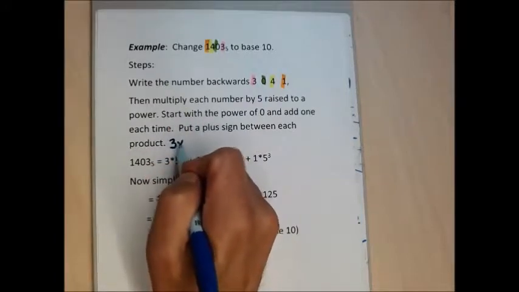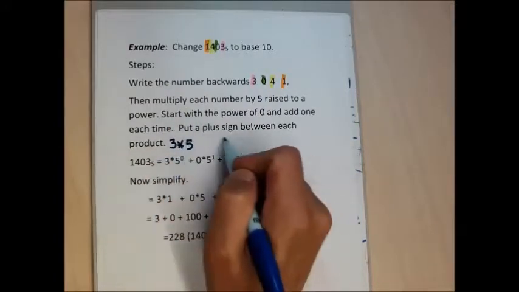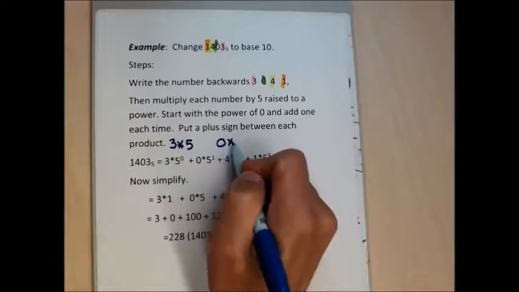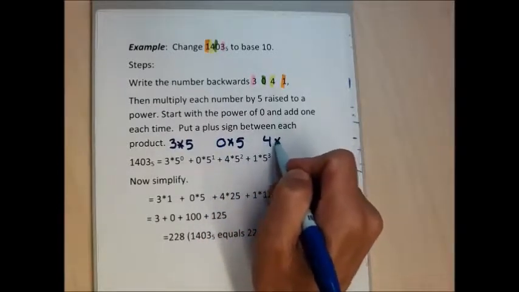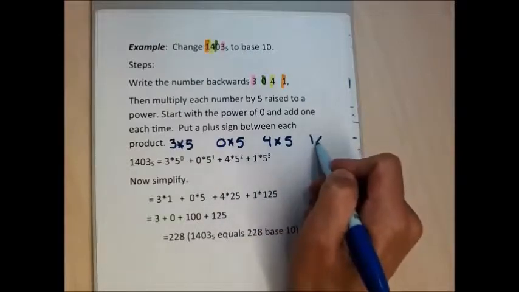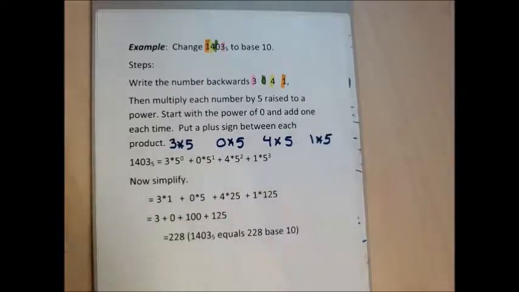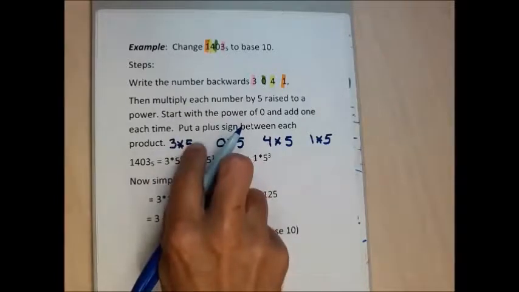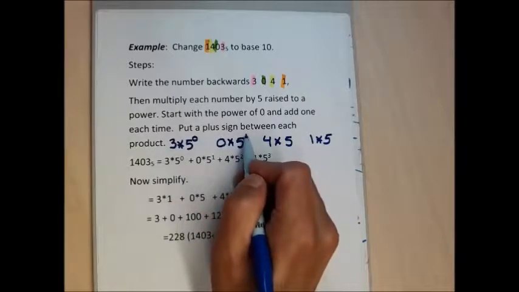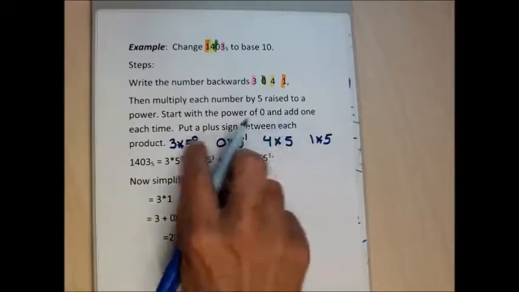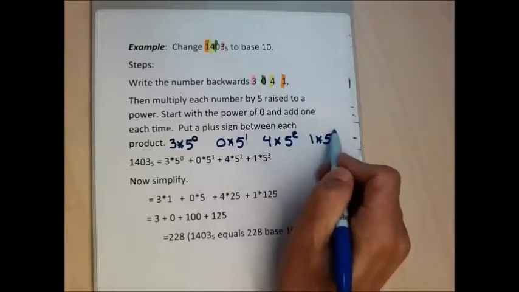The power of 5 that I multiply by, I start the first with a power of 0, and then for each subsequent 5 I add 1, so I went from 0 to 1 to 2 to 3.